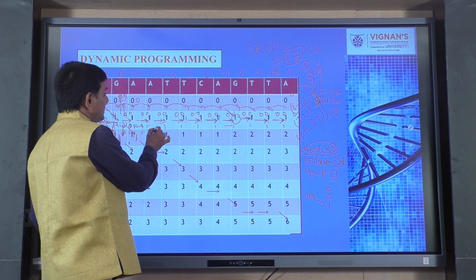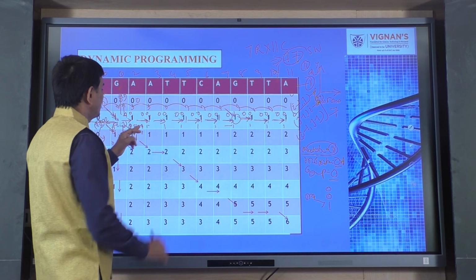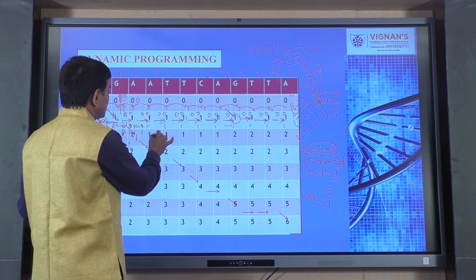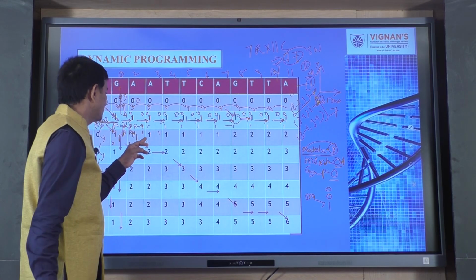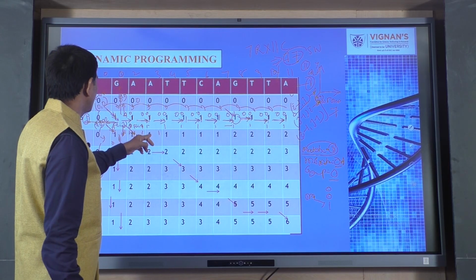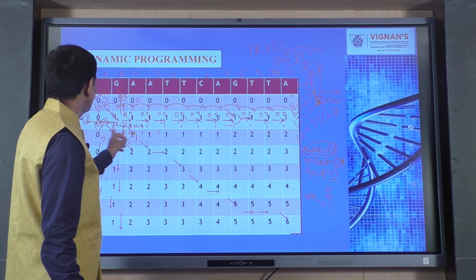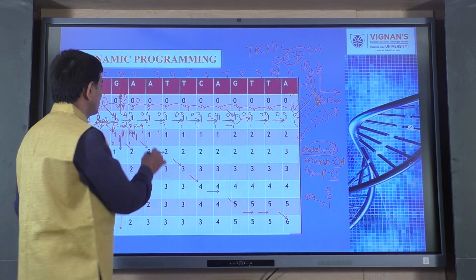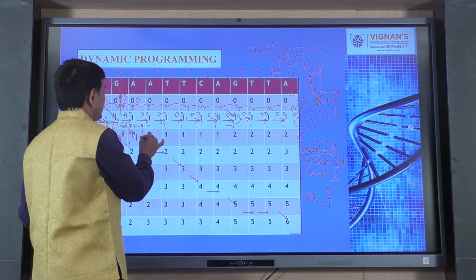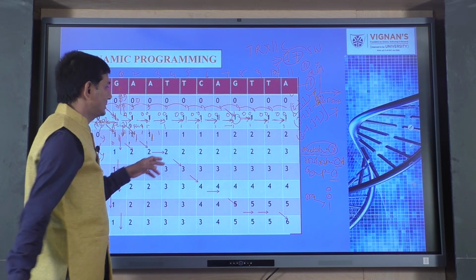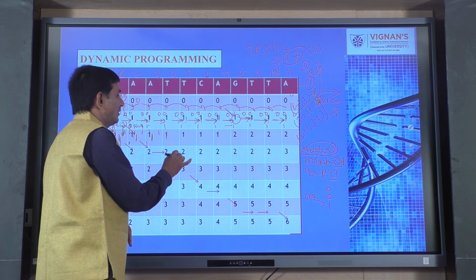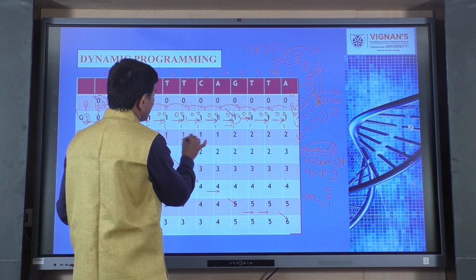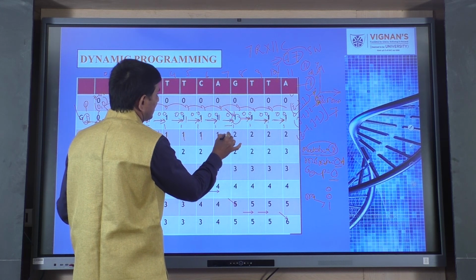Coming to this cell, change in row, that is 1, similarly change in column again 1, and coming to this change in both row and column, the diagonal value is 1, G versus A mismatch, right. Again the maximum value of 1 is indicated. Same is the case for this cell where the maximum value of 1 is obtained, and we are going to assign the value 1.